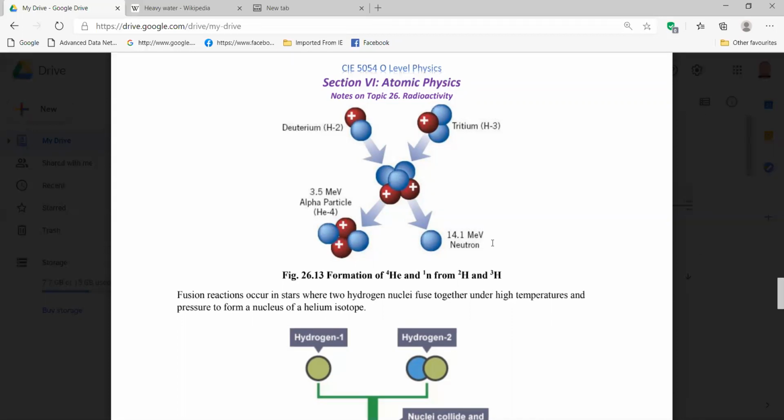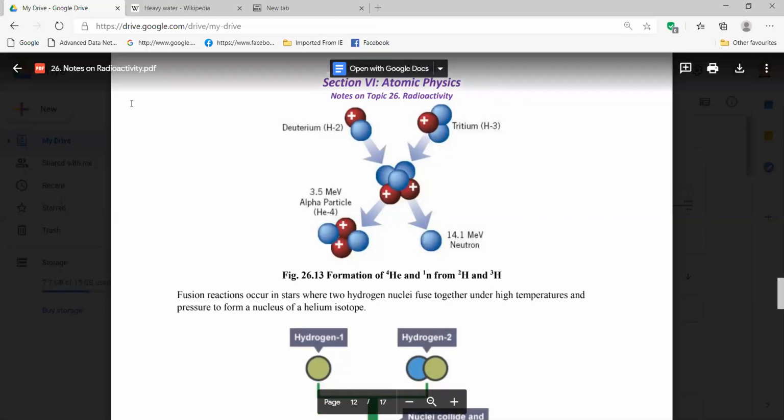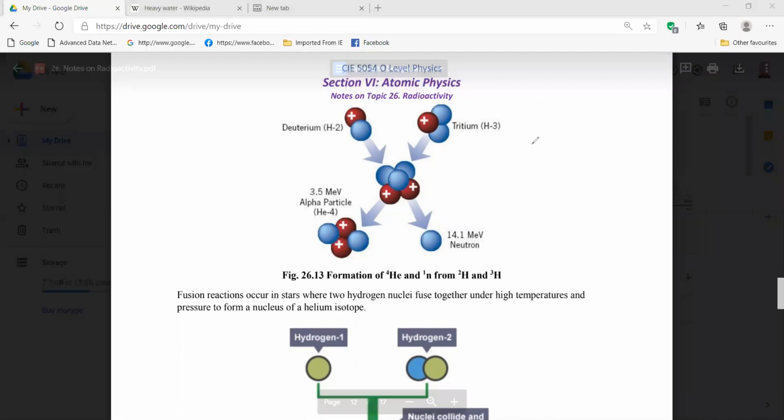Okay, you know one thing, the acceleration due to gravity, g. What is the unit? For Earth, isn't it 10 meter per second squared?